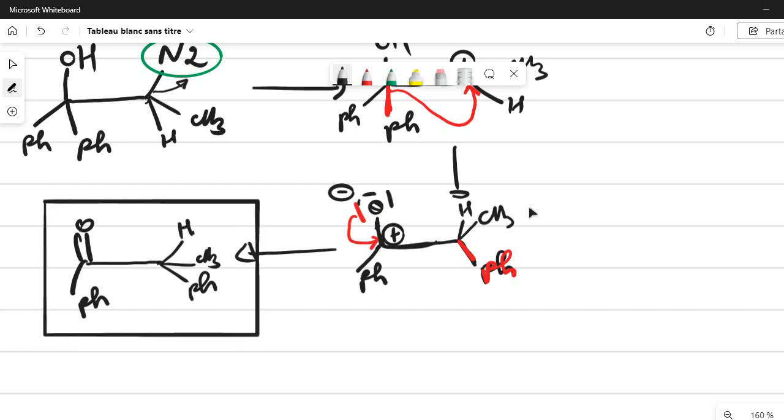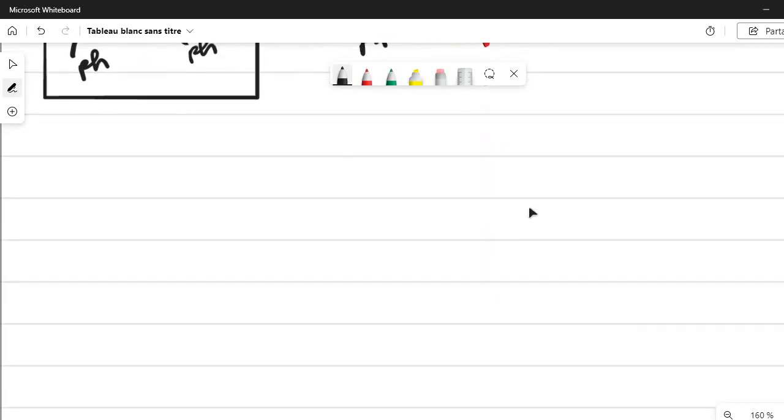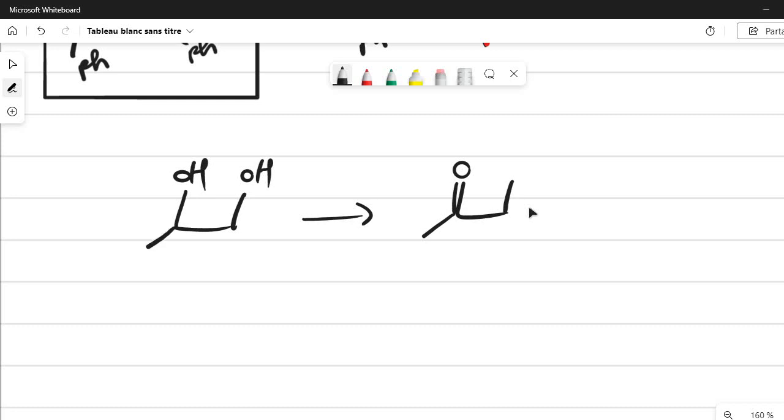Okay, so it could be like this. This reaction, we can do it starting by a pinacol. Okay, so we end up forming a ketone. So the first one is going to be a ketone, and the second one depends on what we add here.